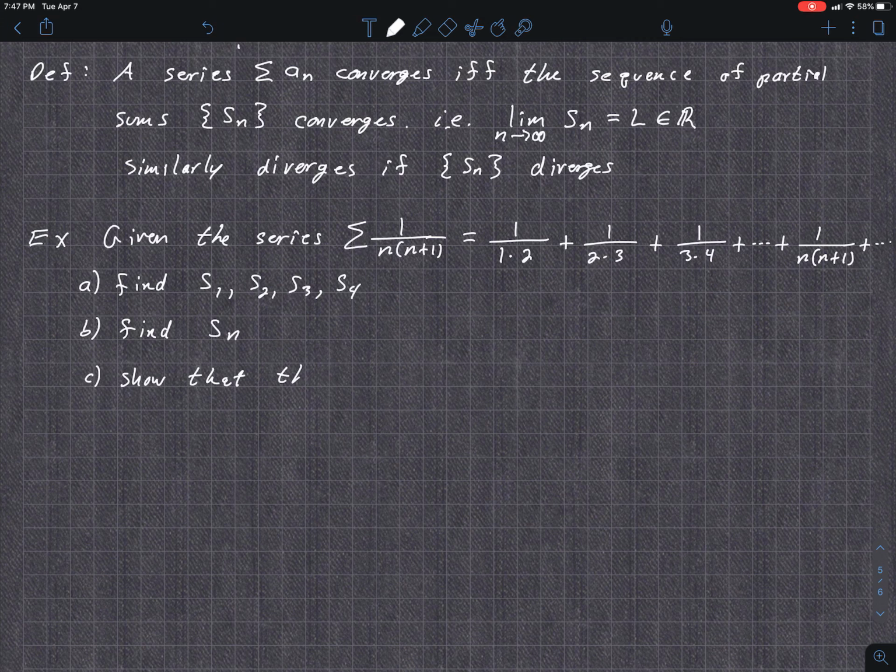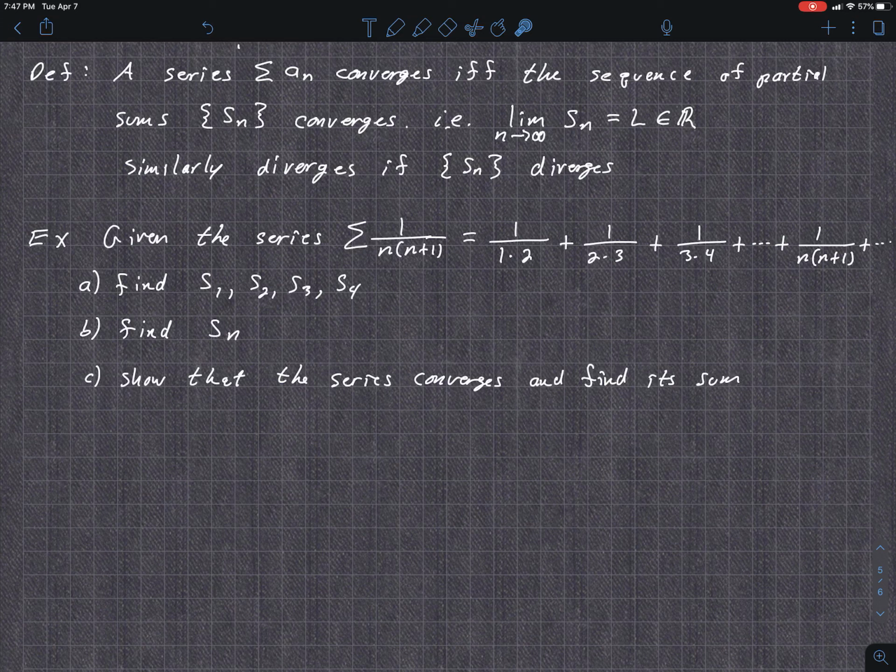Then C, show that the series converges and find its sum.